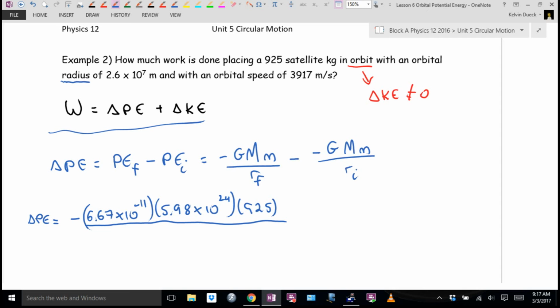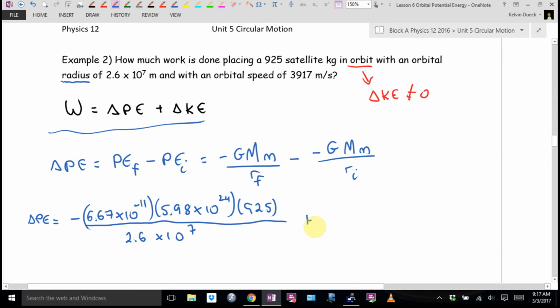So that's not really a sloppy mistake, that's more of a mistake in character. But yeah, this time I gave you a radius, so I can just go with 2.6 times 10 to the 7th. In other words, this time I calculated the altitude and the radius and added them together for you and just gave you that final answer.